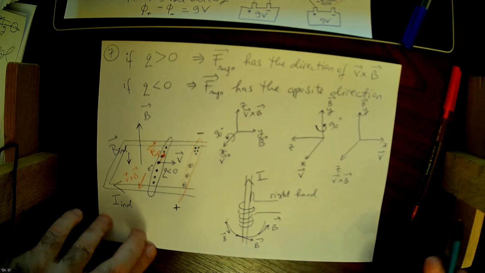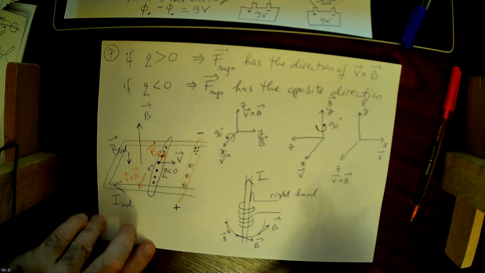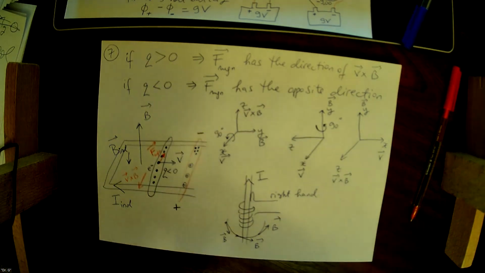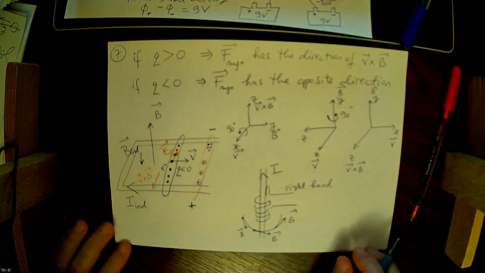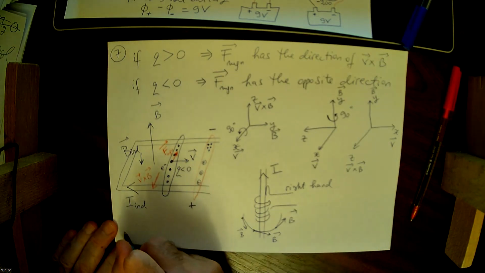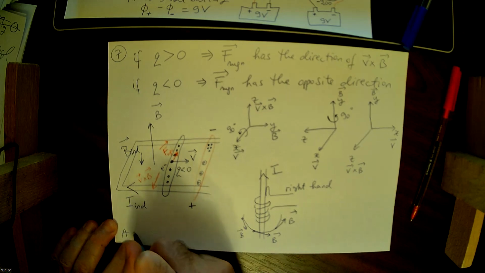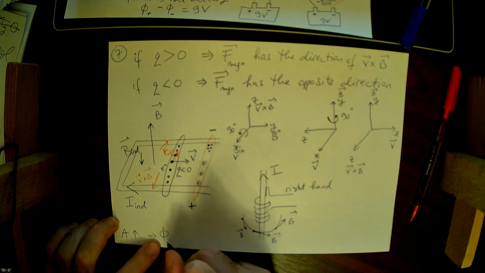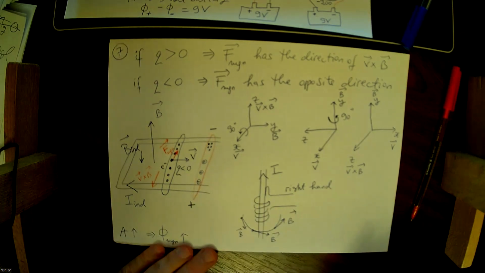How can I decrease the magnetic flux? Only if I decrease the magnetic field, yeah? So the area goes up. It means that the magnetic flux goes up, yeah?